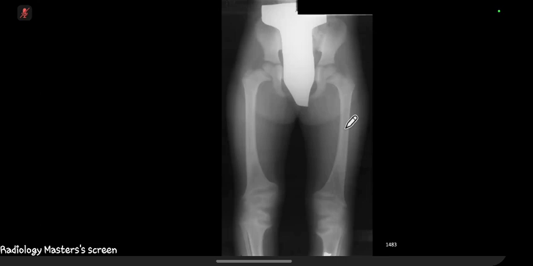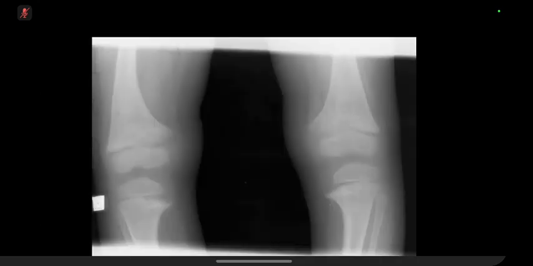We've got widening of the growth plate, which is here. Okay, we've got metaphyseal fraying and spur formation here, and this is fairly classical of rickets.